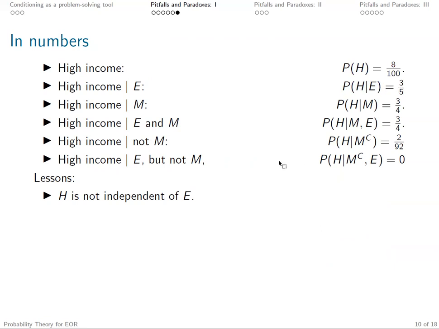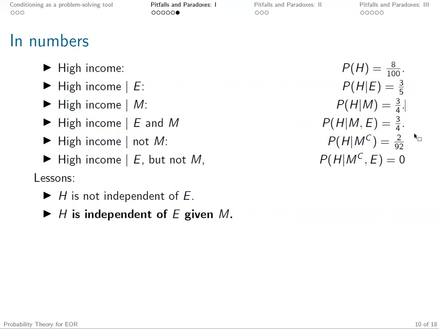But more important is that H is independent of E given M. So once we know whether one likes mathematics or not, it doesn't matter anymore whether this person does econometrics or not. Knowing this one also studies econometrics does not update the conditional probability, given we already know this one likes mathematics. The number remains the same.